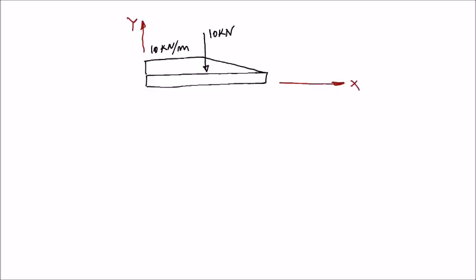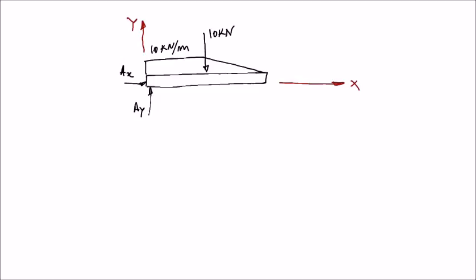We need to replace the supports with the reactions. So at point A, we have a fixed point, so we have a horizontal reaction that I will call Ax, and we have a vertical reaction that I will call Ay.